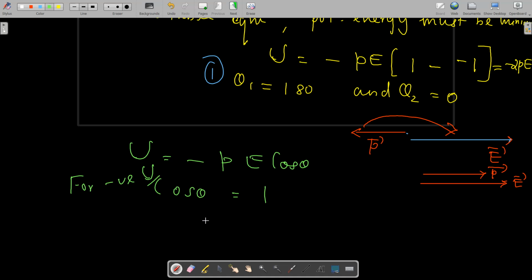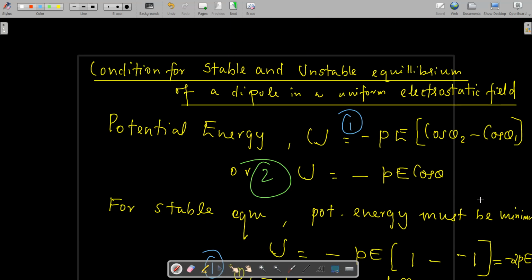So we get U as minus PE. What does it mean? The dipole and electric field should align parallel. It is the last part of our first equation.